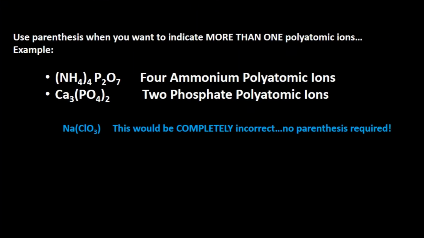For instance, ammonium pyrophosphate, +1 -4. I need 4 ammonium, so I need to use parentheses and a 4. Calcium phosphate, same thing. I need 2 phosphate, so I need to use parentheses.